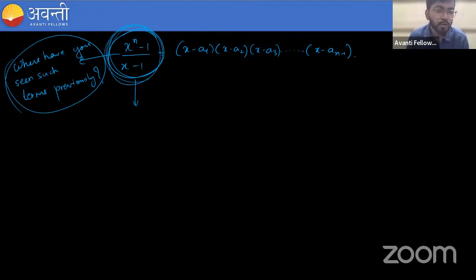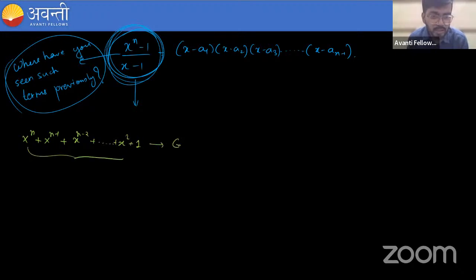Can you tell me the sum of the GP x power n plus x power n minus 1 plus x power n minus 2 up to x square up to 1? So what is this? This is a GP. In this GP, the first term is x power n, and what is the sum of GP formula?